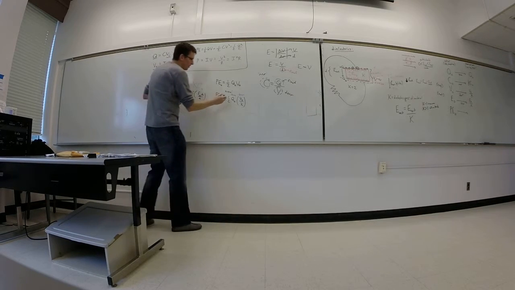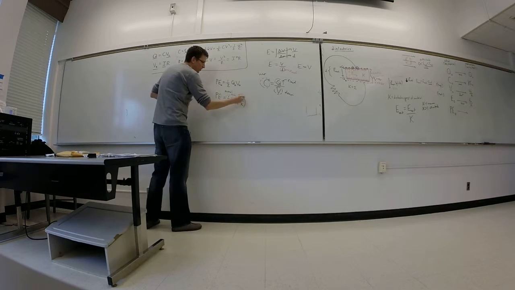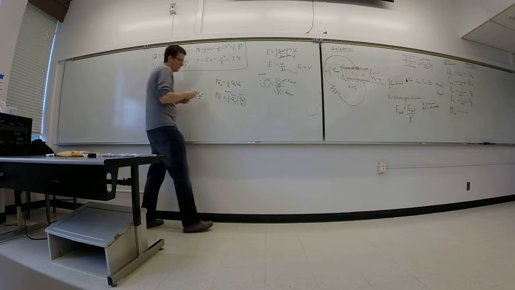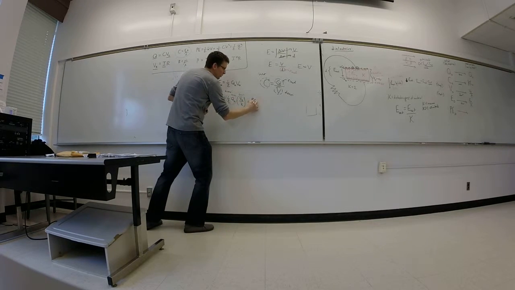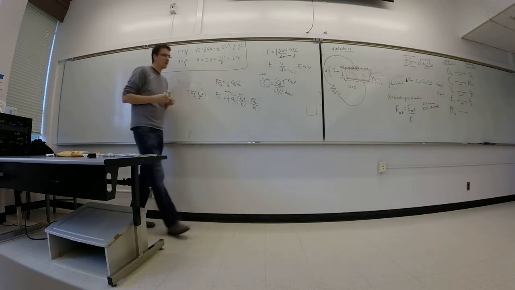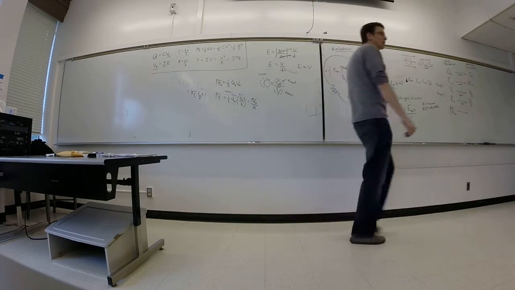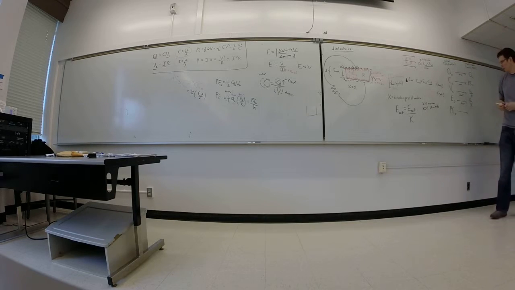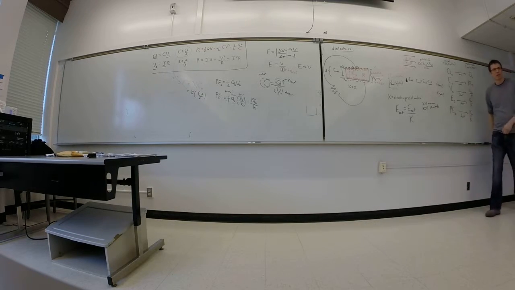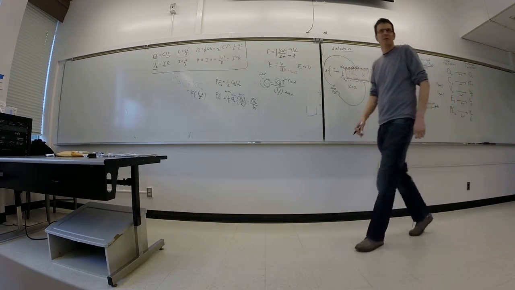So the new amount of potential energy, of course, all this stuff is still the old potential energy. So we have the original amount of energy divided by kappa. So at this point, you say, this cannot possibly be better.